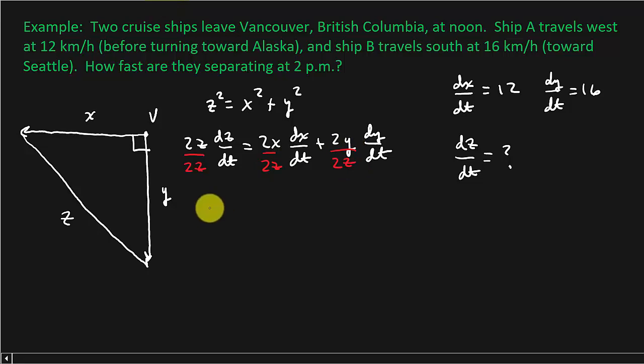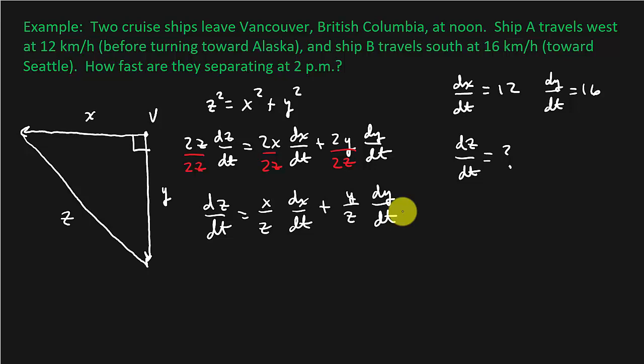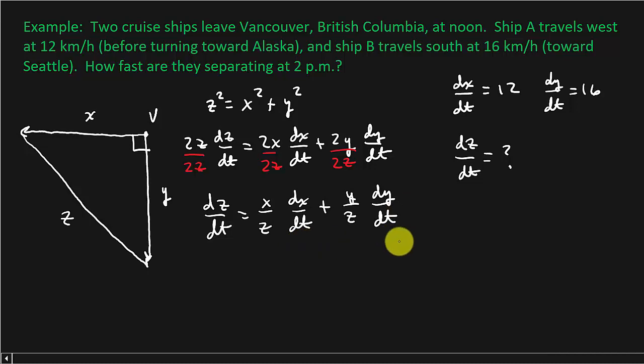All right, so that's going to be dz/dt is equal to x over z times dx/dt plus y over z, and dy/dt. Now, we've got dx/dt, we've got dy/dt, but look at this, we need x, y, and z also.